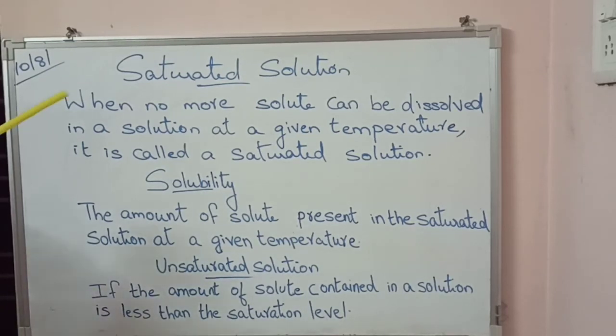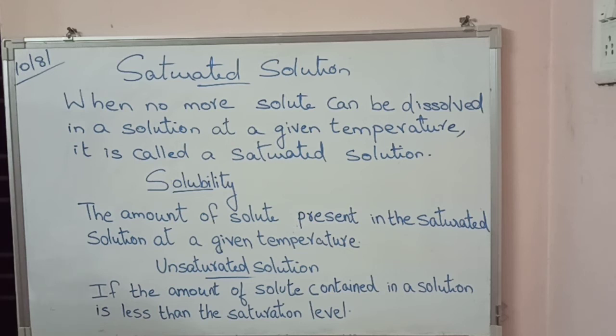What is a saturated solution? Yes, when no more solute can be dissolved in a solution at a given temperature, it is called a saturated solution. For example, if you dissolve salt or sugar in water, it reaches a stage at which no more salt or sugar can be dissolved in water.